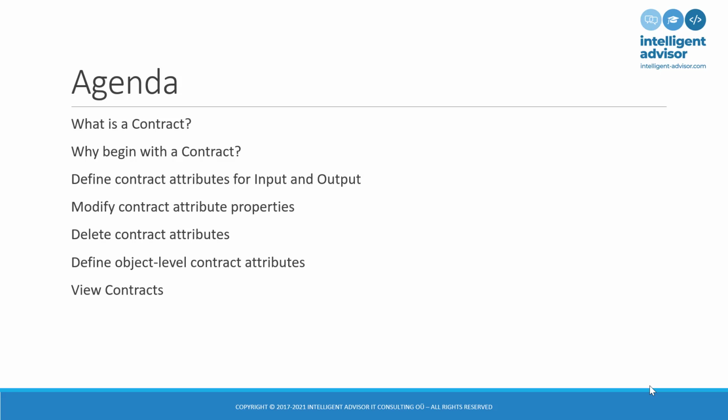Now, because this training course is targeting people who are familiar with Oracle policy modeling, I have deliberately used the word attribute, contract attributes, because I know that most people will immediately understand when I talk about an attribute that I'm talking about a data element.